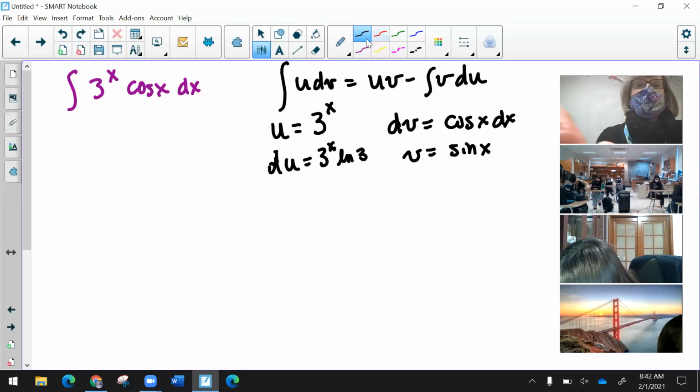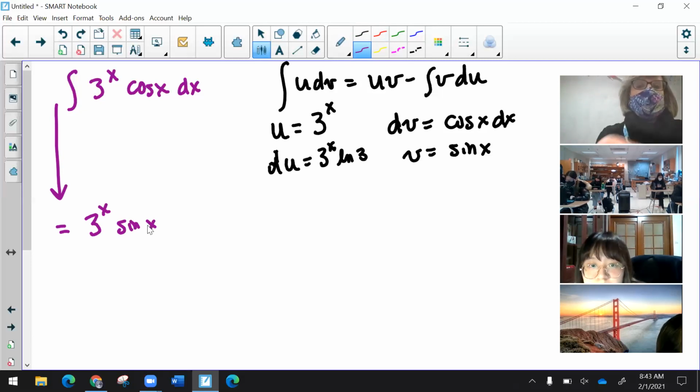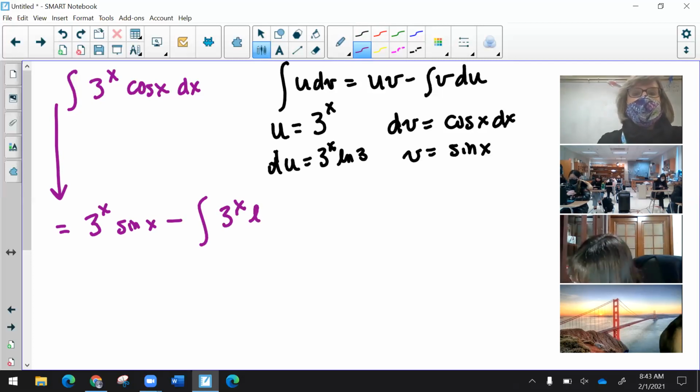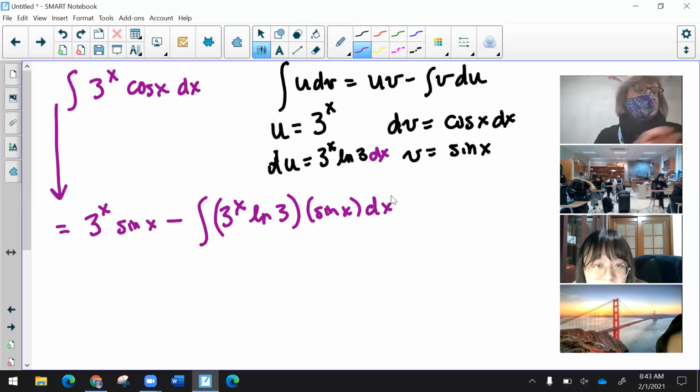All right. So this gives us u times v minus the integral of v times du. Okay, so you've come to an integral.